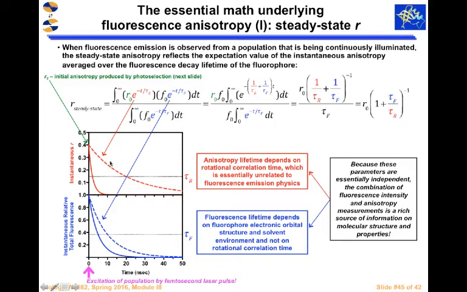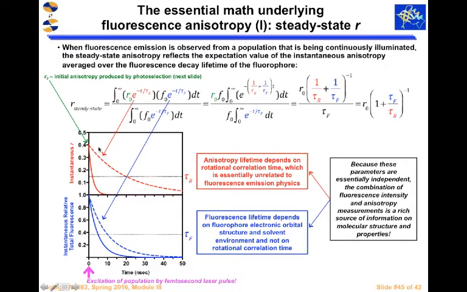The reason the anisotropy decays that way is that the anisotropy, those Legendre polynomials, behave as a population weighted ensemble average over the different anisotropy states in the solution.